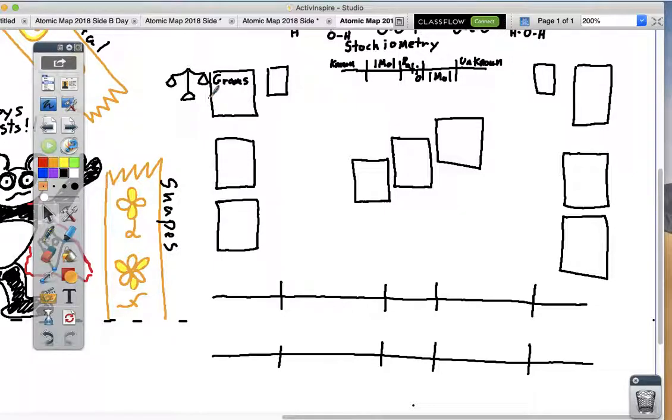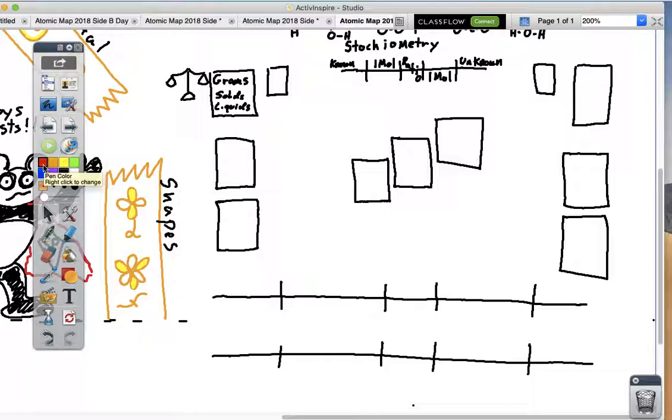Okay, and we can get grams of two things. We can get grams of solids, and we can get grams of liquids. Okay, solids or liquids. Now we talked about solids and we talked about liquids.